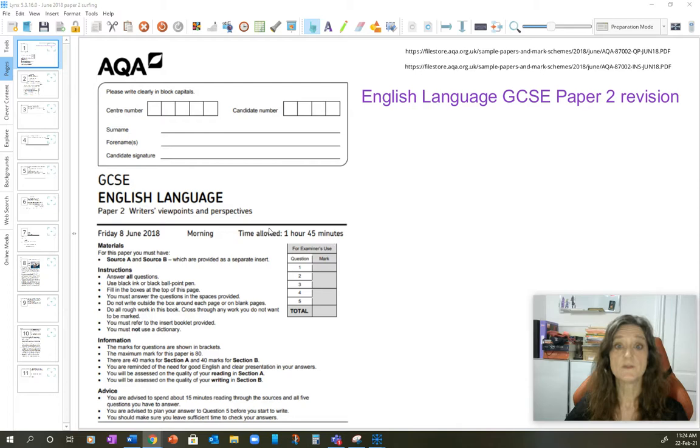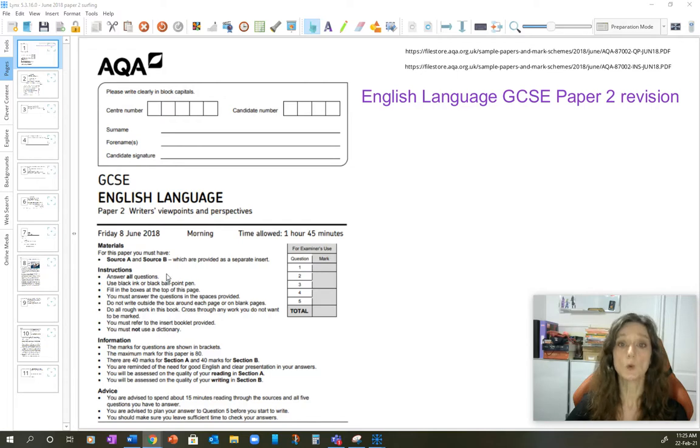So that's your 45 minutes for section A reading, your 45 minutes for section B writing, and then approximately 15 minutes of reading time. Just to remind you, you need source A and source B, which are a separate insert, and that's like a little booklet or a fold out that you'll have in the exam.